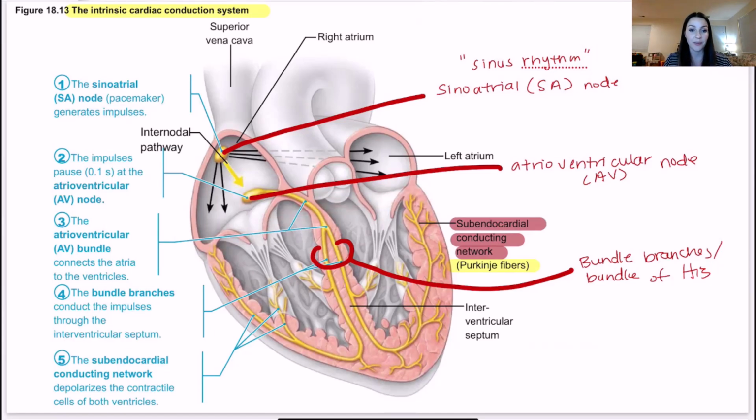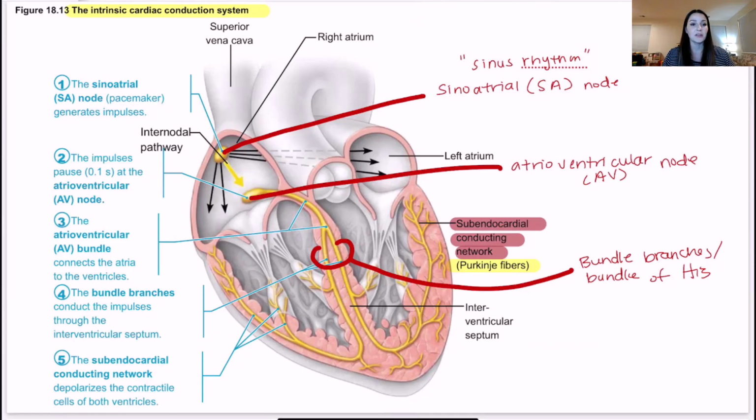And that's exactly what happens because of this intrinsic conduction system, because our impulse travels down to the apex first and then up. Isn't that so cool? Okay. And we'll talk about what happens when this conduction system doesn't work properly, but that's a future video.